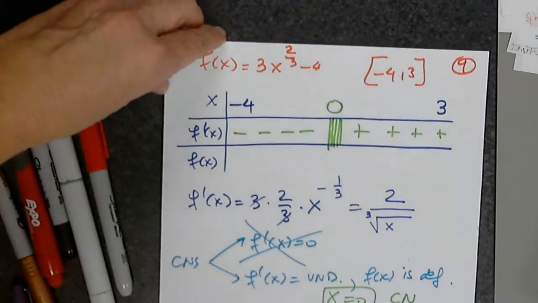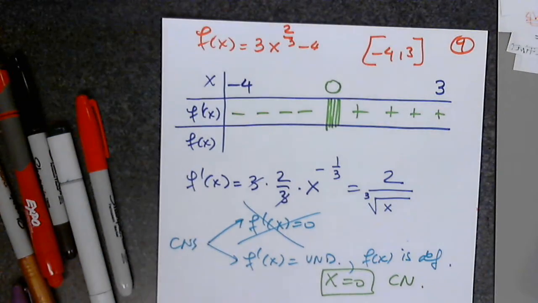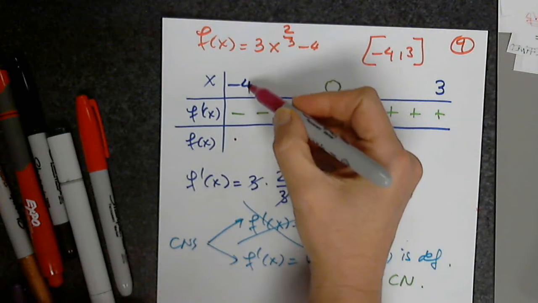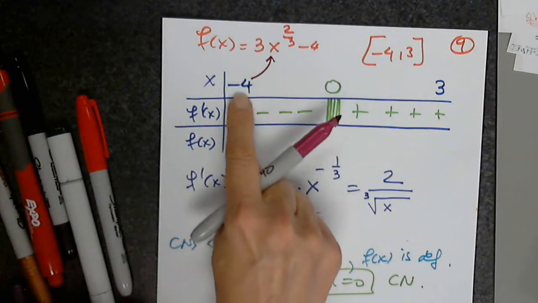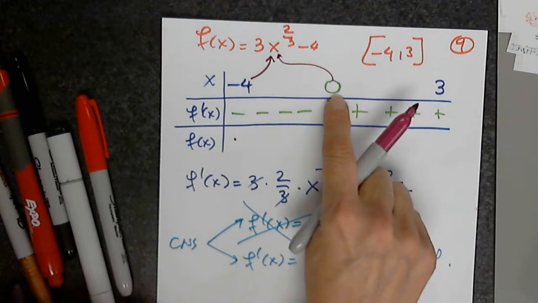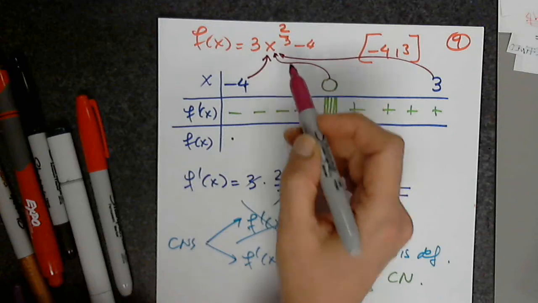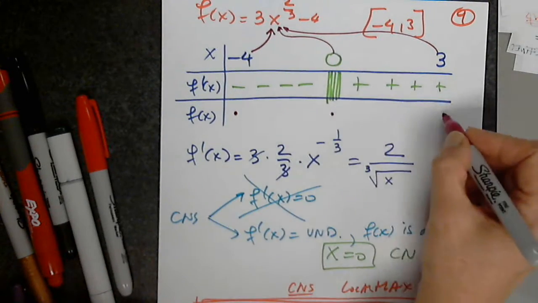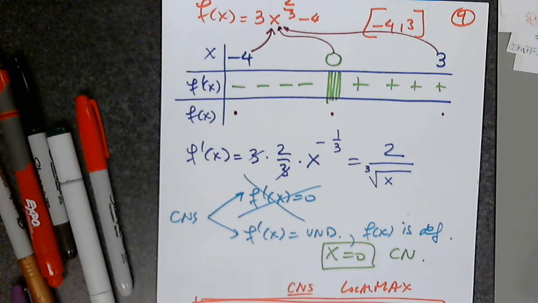So then, I'm coming back. We will make a decision in a moment. We will plug in x equals -4, x equals 0, and x equals 3, not all at the same time, of course, and I will determine these y values.